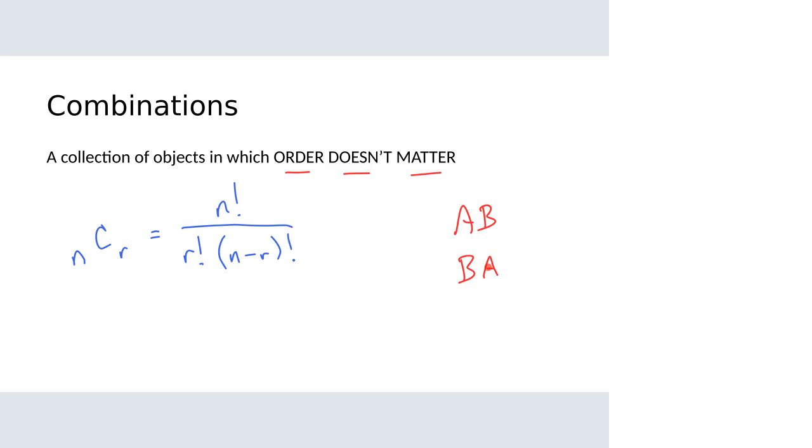Now with a combination, order doesn't matter. AB is exactly the same as BA. So we don't want that to count as two things. We only want it to count as one. So we have to divide by something else to lower the number of possibilities, because we don't want the duplicates to count twice. That's our new formula for combinations, and the key is we have combinations when order doesn't matter.